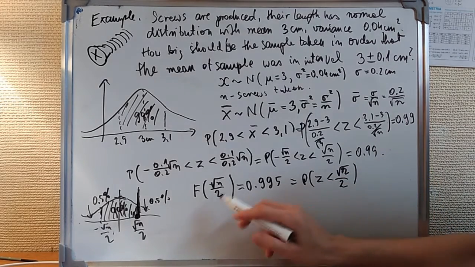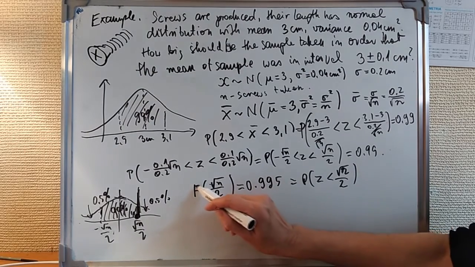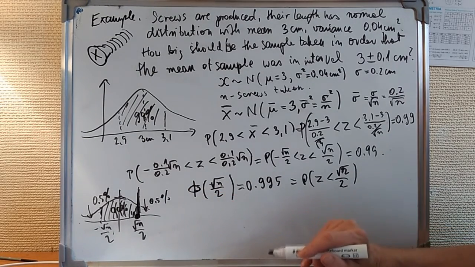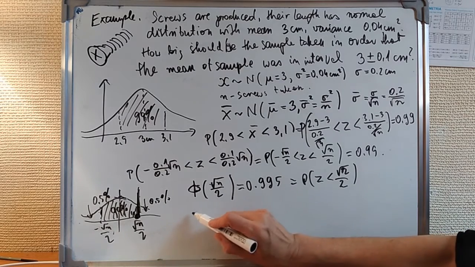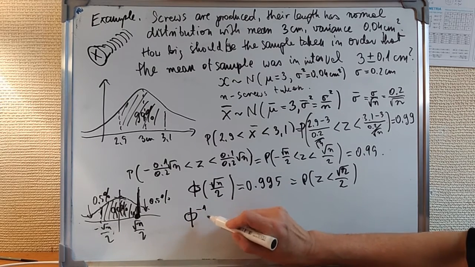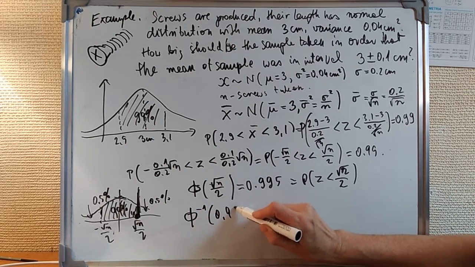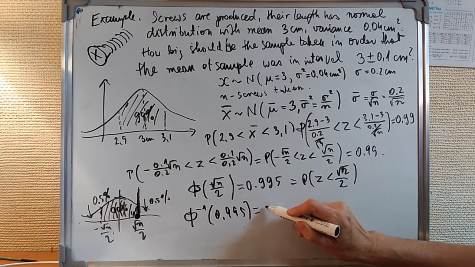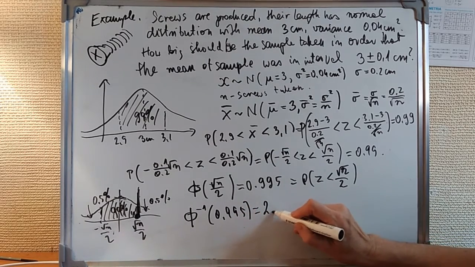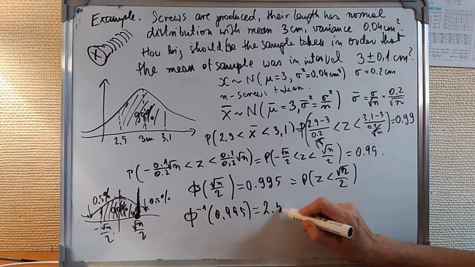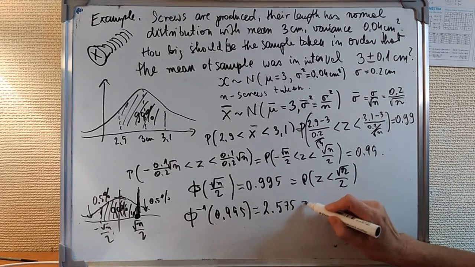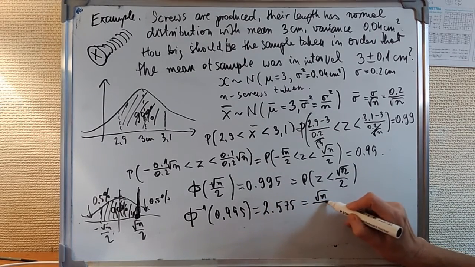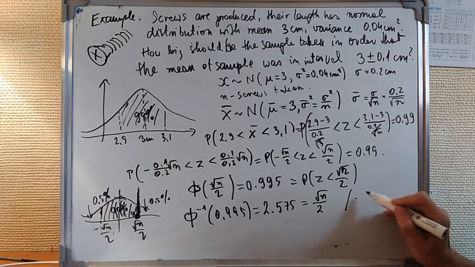So let's now find the inverse of phi. Phi to the minus 1 of 0.995. This is 2.575. That should equal square root of n by 2. We'll multiply both sides by 2.